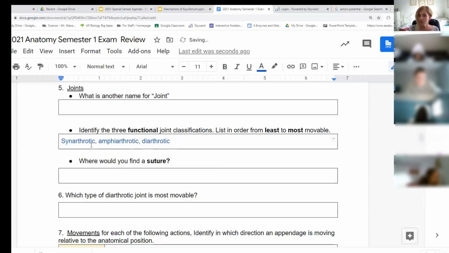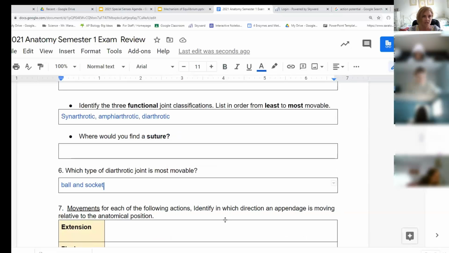So that would be like your synovial joints, like the ball and socket, the hinge, and so on. Of your diarthrotic joints, the one that is most movable is the ball and socket. So there is a question about both of these, but I don't believe there's a fibrous joint classification question. Any others on this before I jump into equilibrium?